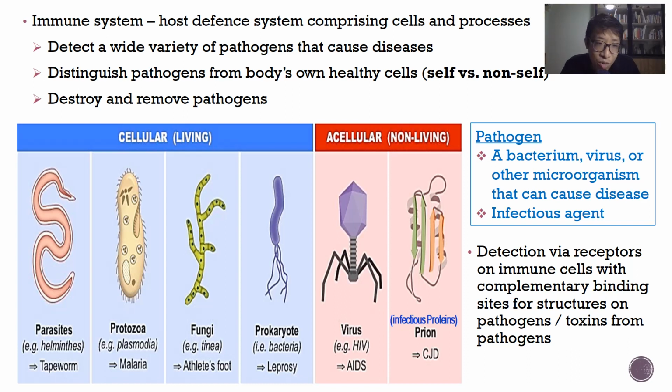With that, the immune cells will be able to distinguish between the 2, and therefore kill the pathogens, but not our own healthy cells. You have learned this under cell signaling, so it's the same principle, but applied in the context of the immune system.